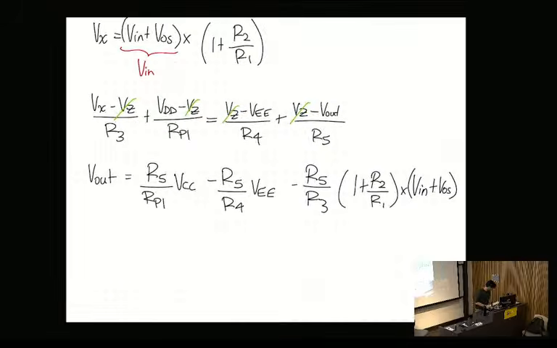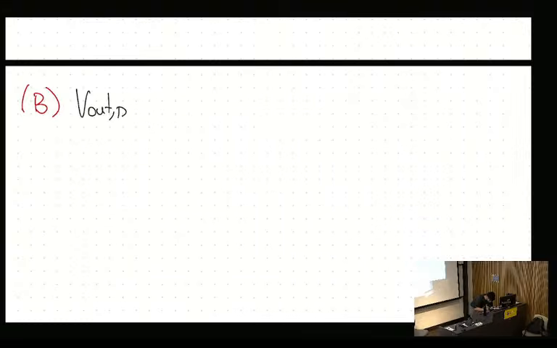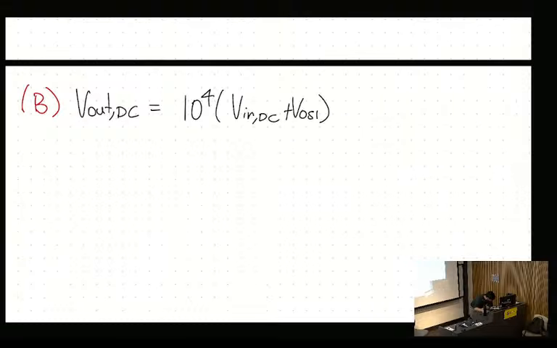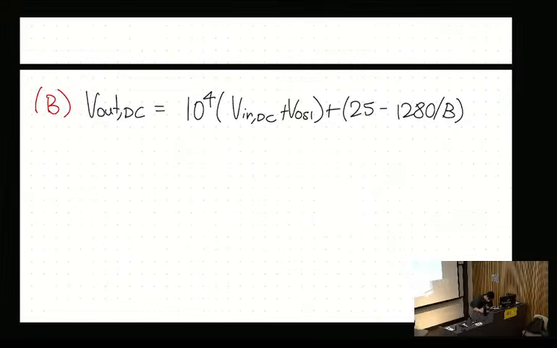Cool. I think this one has numbers which I need to write down. Okay, so let me just rewrite that formula. There's also something else I'll point out in this formula. So V out DC is equal to 10 to the 4 times VCC. Okay.